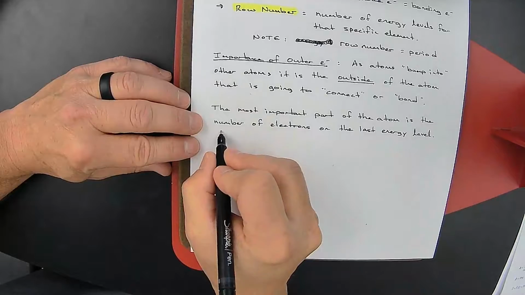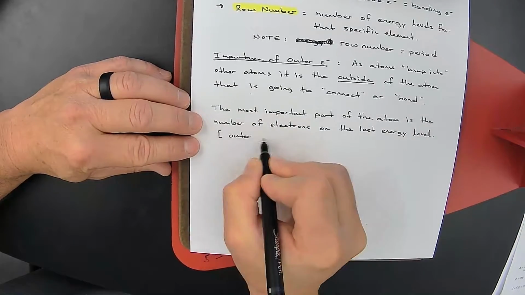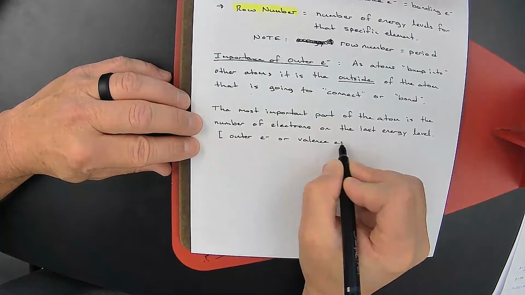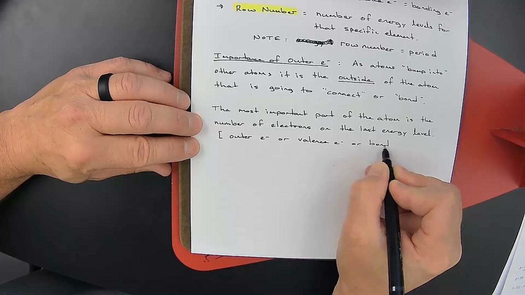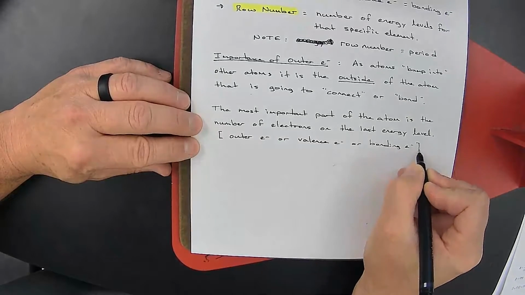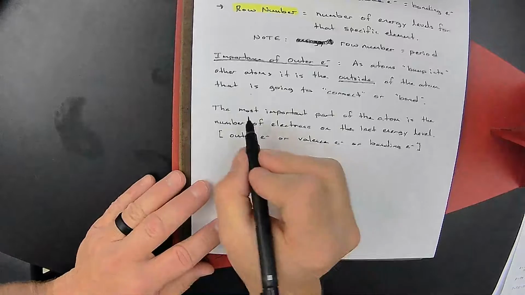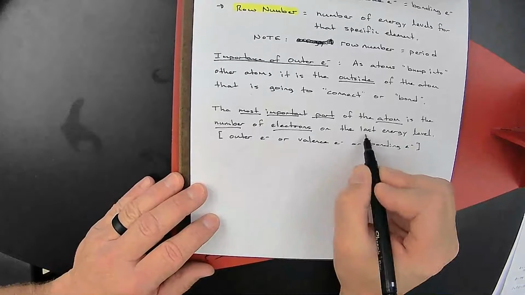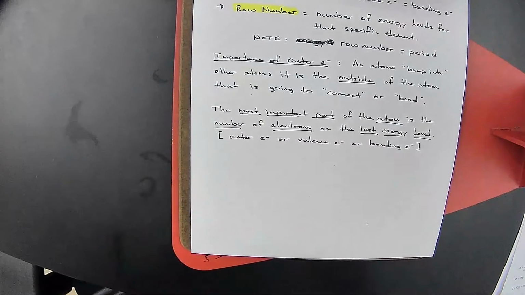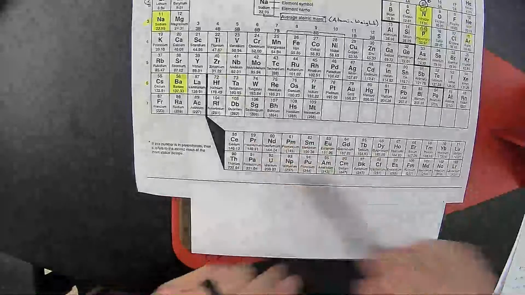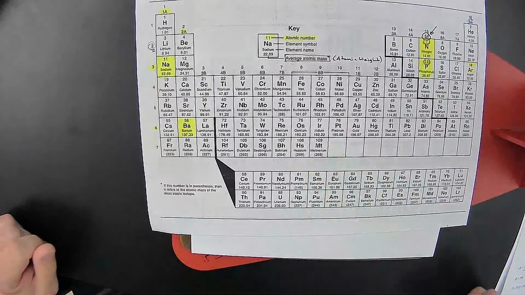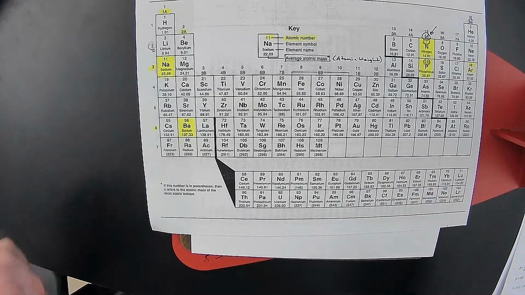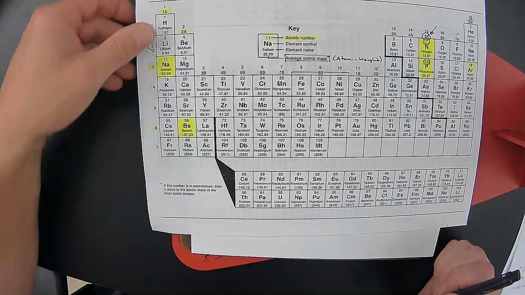The most important part of the atom are the outer electrons, or valence electrons, or bonding electrons. If there's only one piece of information that you would want about any one of these atoms, it is how many electrons are going to be on the outside of the atom. That is the most important piece of information.